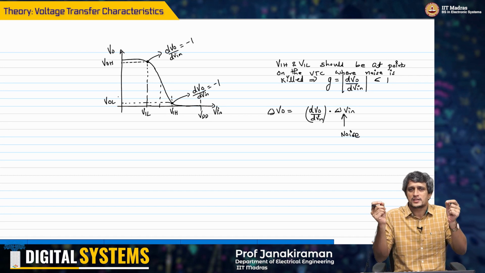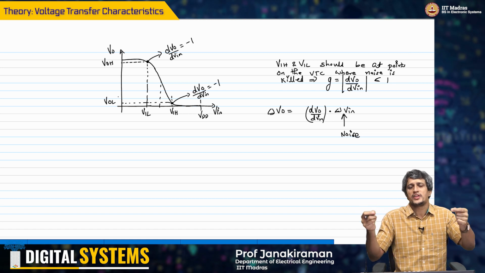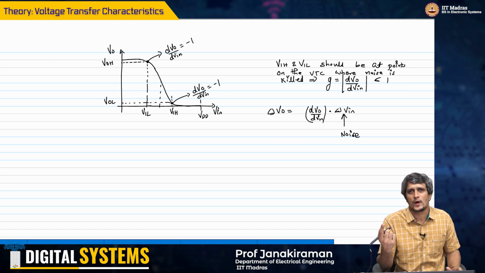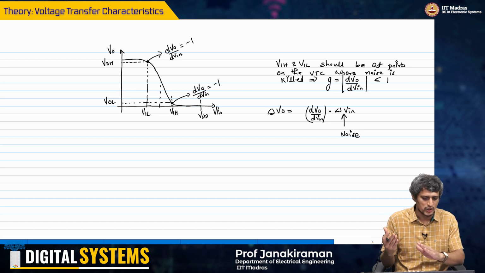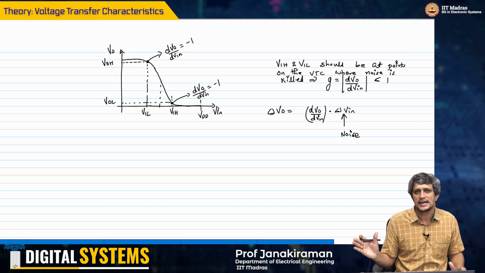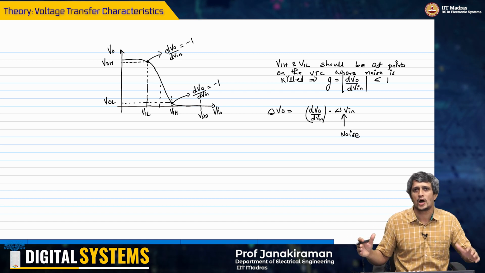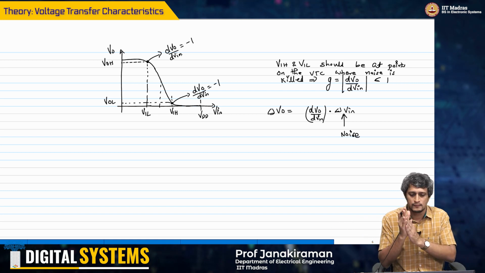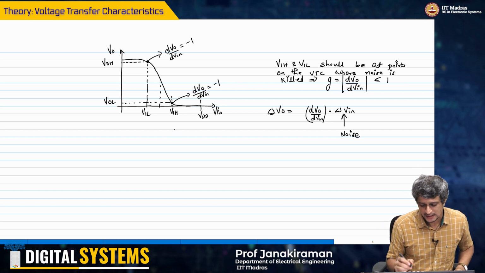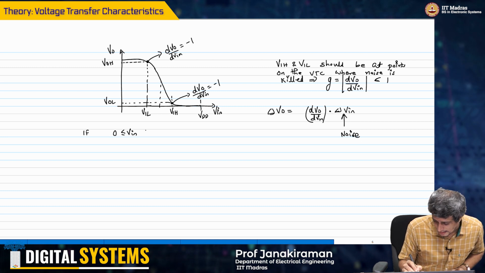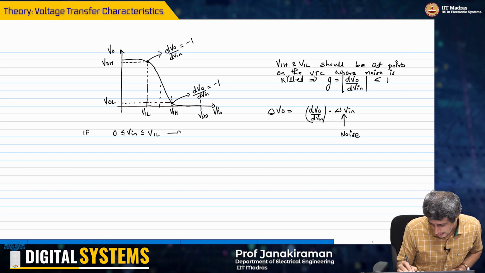So you define on these voltage transfer characteristics these 2 points where the derivative is minus 1. Of course, the modulus of the derivative is just 1. What we are saying is the gain to the left of VIL is significantly less than 1, and the gain to the right of VIH is again significantly less than 1, so the noise will get killed in both those regions. In between, the noise will get amplified. So if V in is greater than 0 but less than VIL, you can treat it as logic 0.